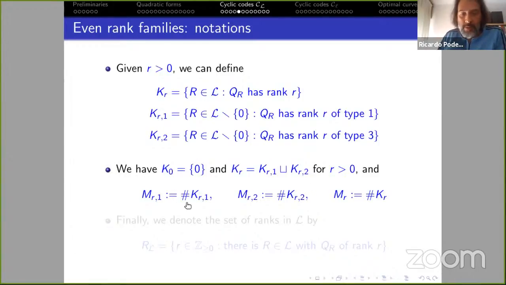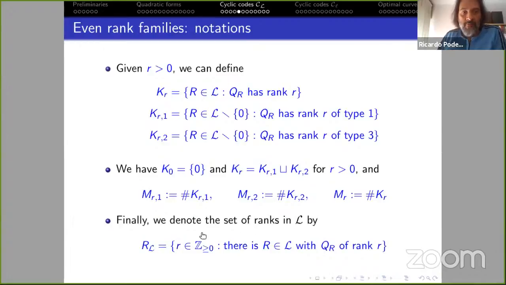We denote by M the cardinalities. And finally, consider the set of all the possible ranks in the family, all possible ranks of the quadratic forms Q_R attached to every Q-linearized polynomial R in L.